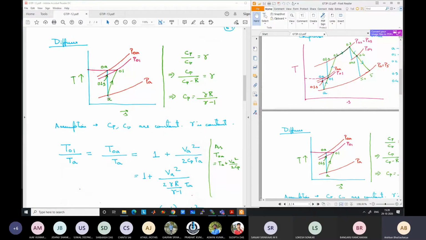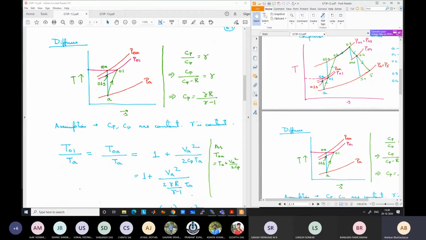Okay. So what is the stagnation condition at this point at the inlet? The stagnation condition we have discussed as T0A temperature. Okay, 0 is the stagnation point. T0 is the temperature which can be written as TA plus VA square by 2 Cp. Correct? In case there is any doubt, please let me know. Okay. T0 is equal to TA plus VA square by 2 Cp. This is at the point A itself.